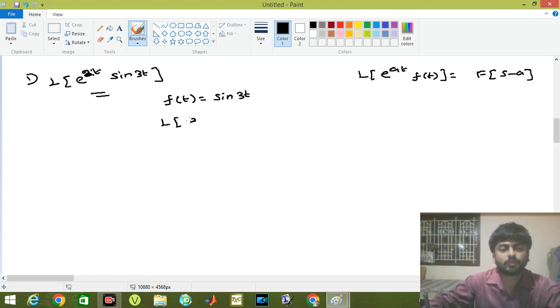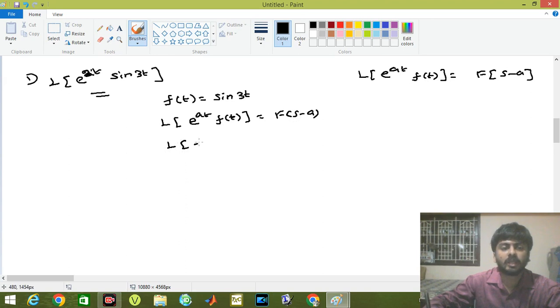Then L of e power at into f of t equal to F of s minus a.